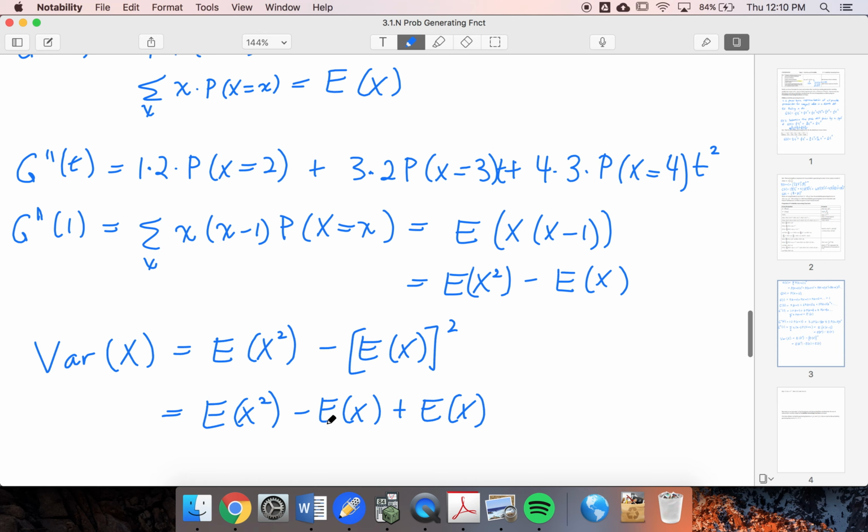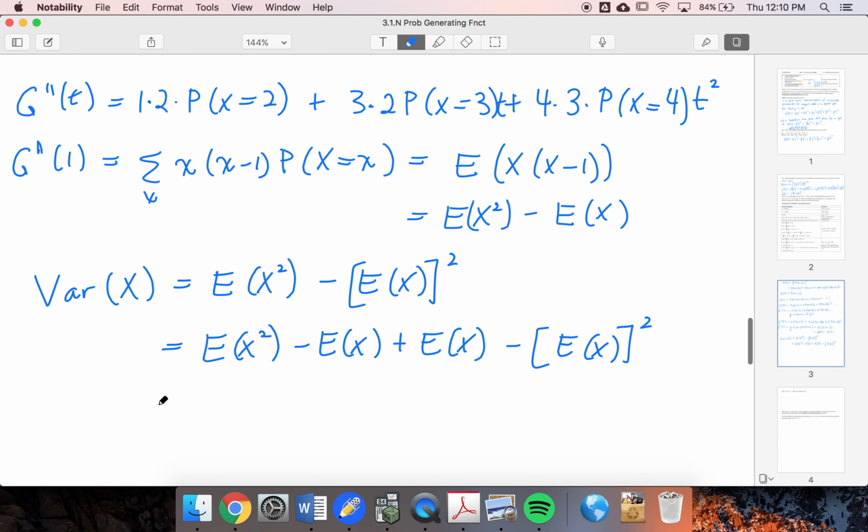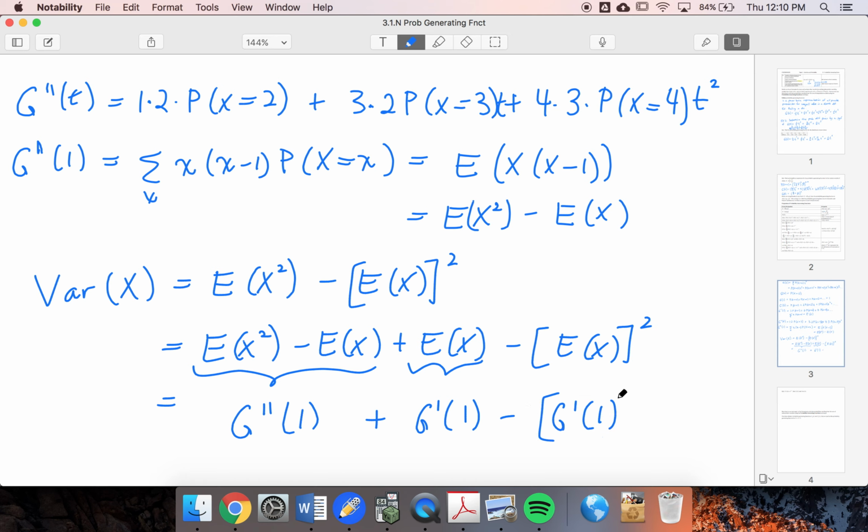Well, this is like adding 0. I'm going to subtract E of X quantity squared. This is my second derivative of my generating function evaluated at 1, plus the first derivative of the generating function evaluated at 1, minus the first derivative at 1 quantity squared.